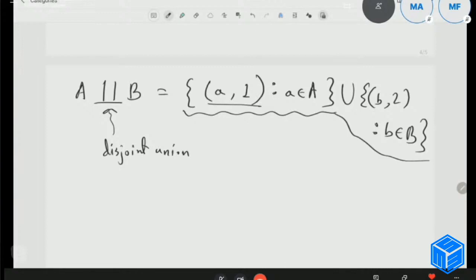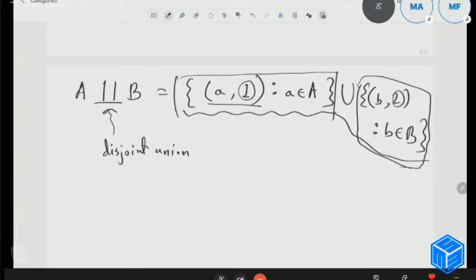Sort of. I'm slightly confused because we're assuming that the intersection of A and B need not be the empty set, right? But what's the intersection of this piece and this piece? Oh, I see. Technically it's got to be empty because the second entries never agree.